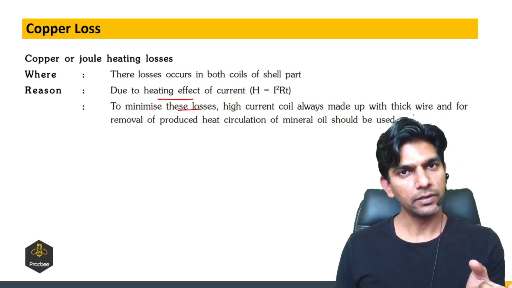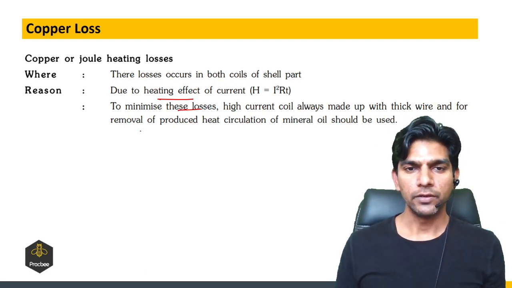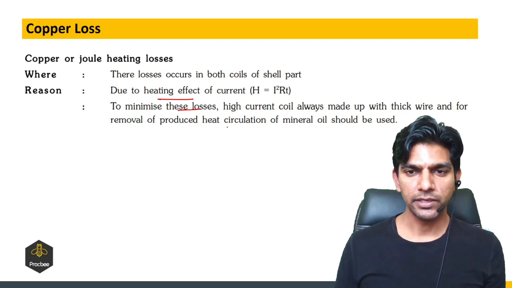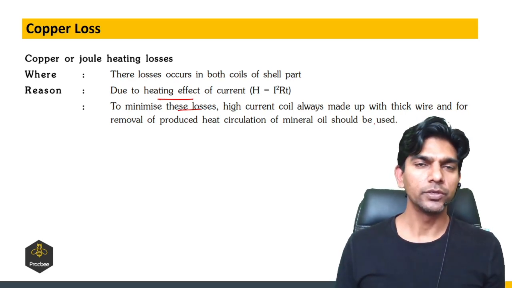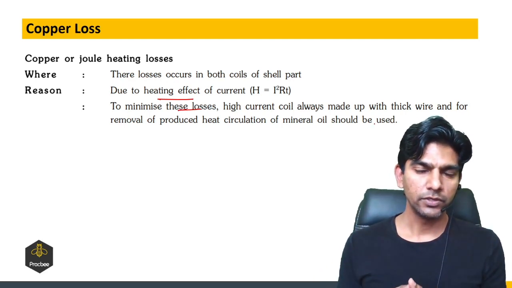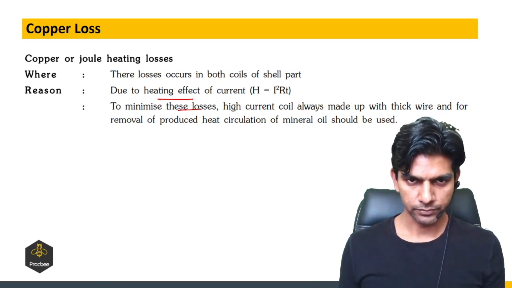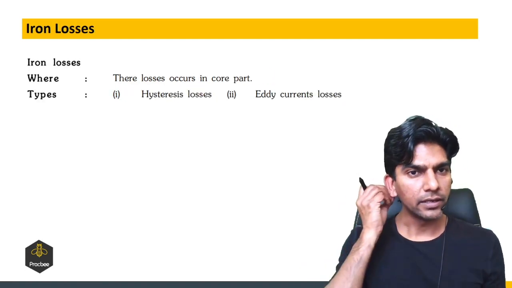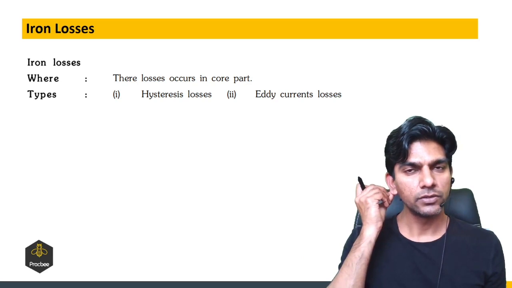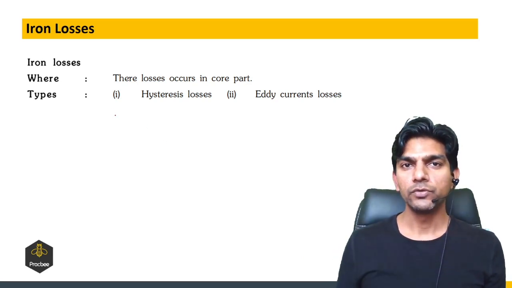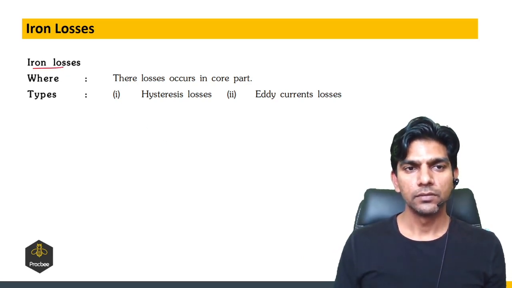With thick wire, we can reduce the resistance. And for removal of produced heat, circulation of mineral oil should be used. So we use some coolant which can take out the heat from the winding. And there are iron losses, which we can minimize by using laminated cores, right? So do remember this.